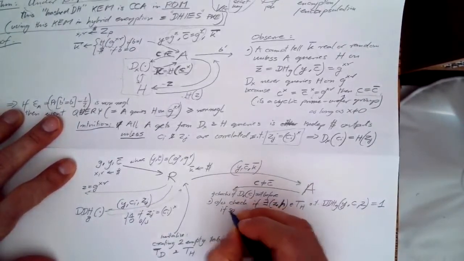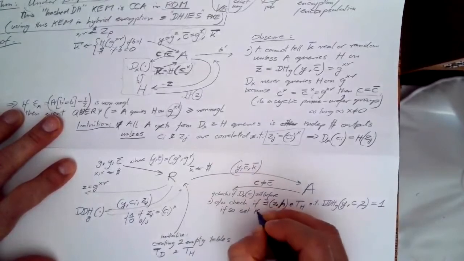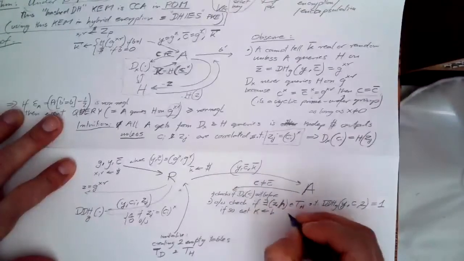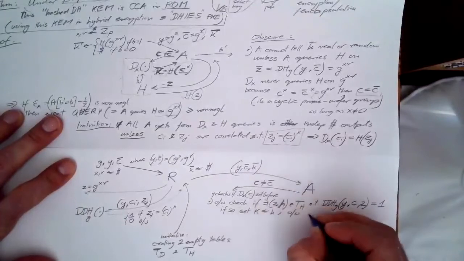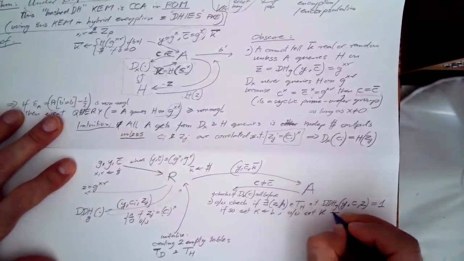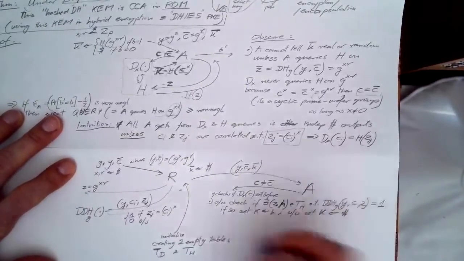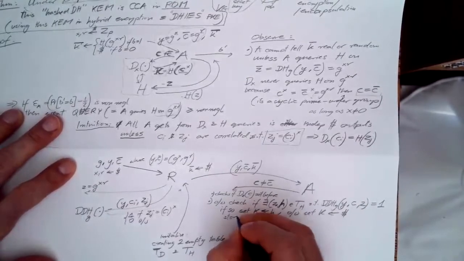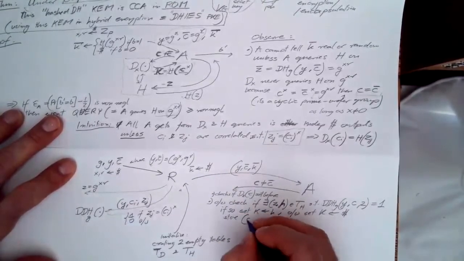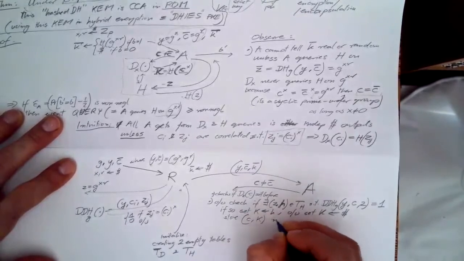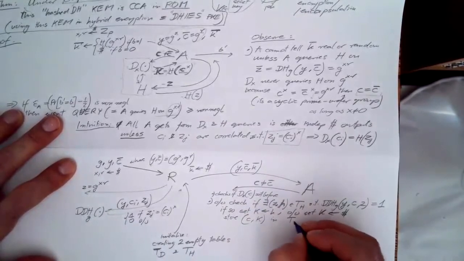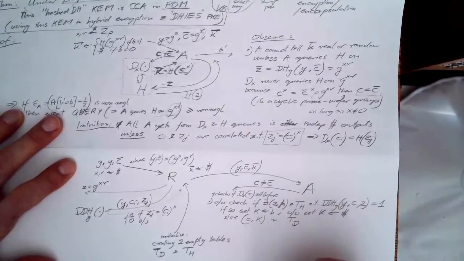If so, set K to H. Otherwise, set K to a random value and store C, capital K in the table for decryption queries. And that's how you answer key K.